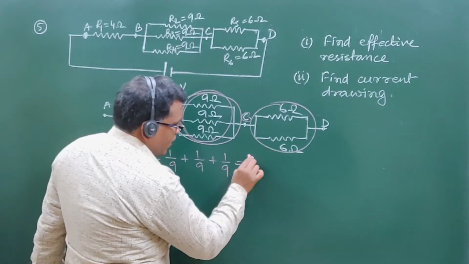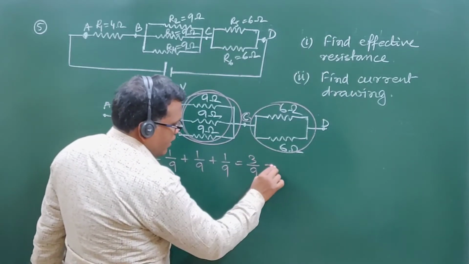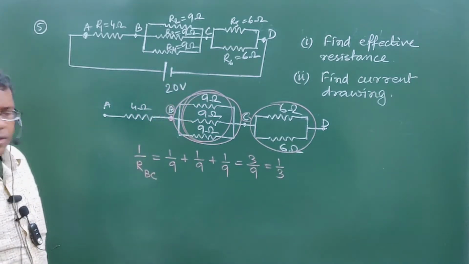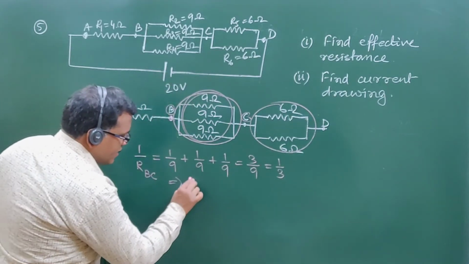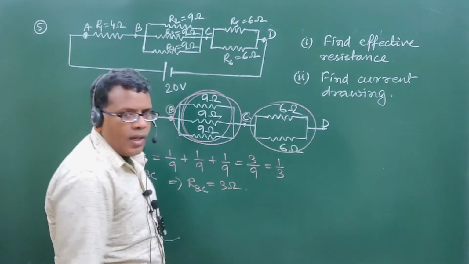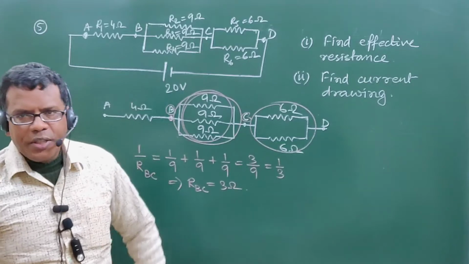All three are the same, so it is 3 by 9, which is 1 by 3. Yes or no? So RBC is straightaway 3 ohm.